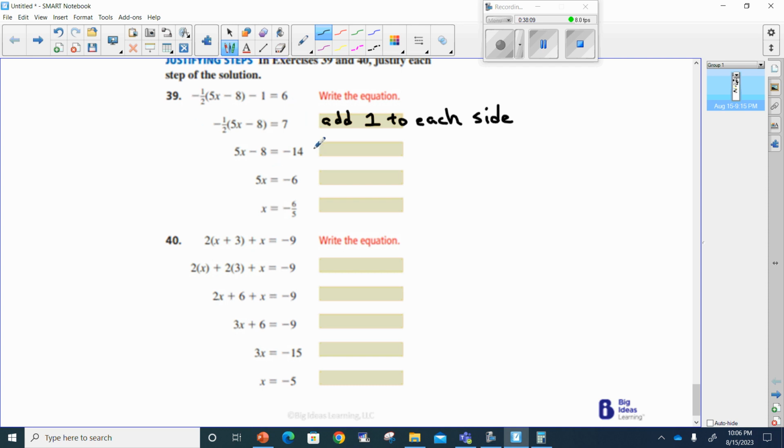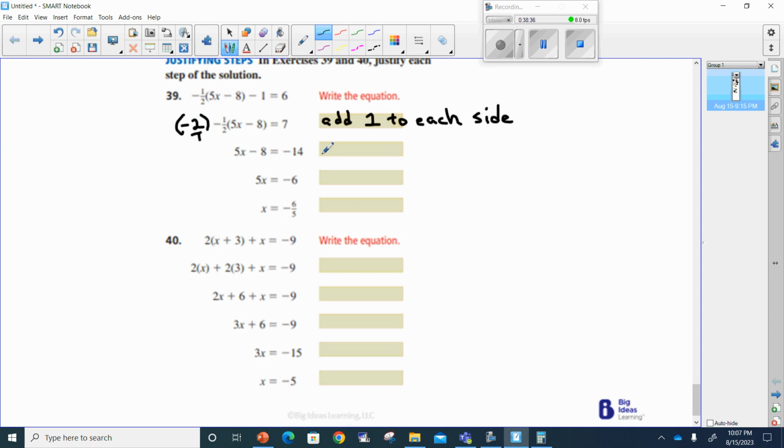Next, down here we see that they got 5x minus 8 by itself, and we have -14. So what they did over here is, instead of distributing this property, they multiplied by -2 over 1, right? So they multiplied by -2. And that's the inverse of -1 over 2, -2 over 1, right?